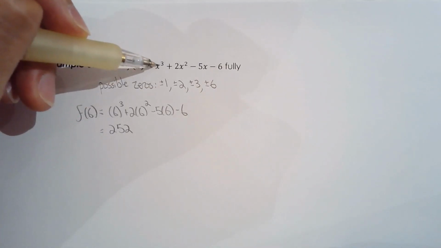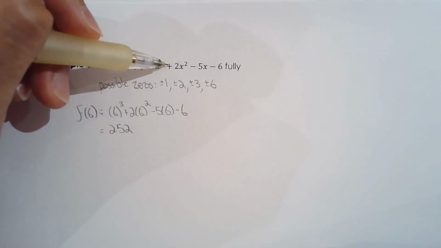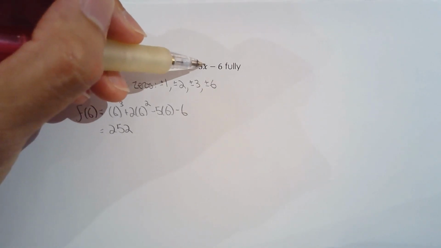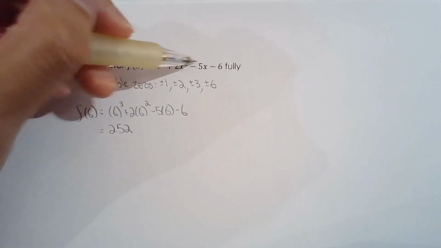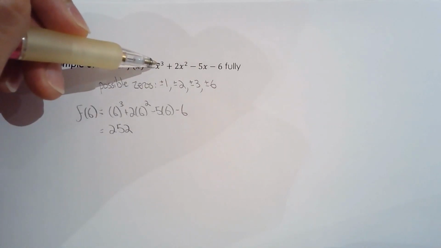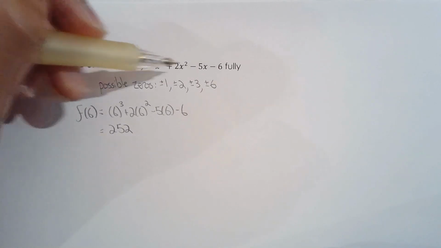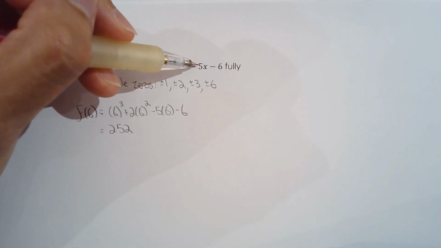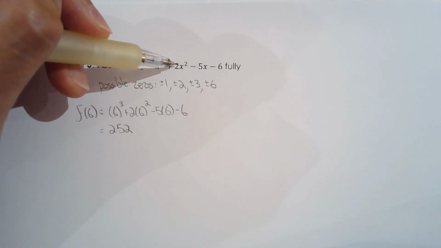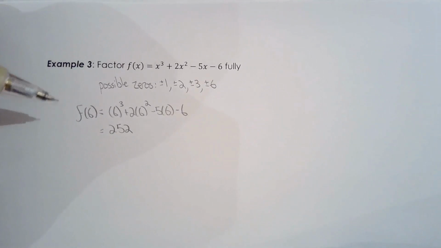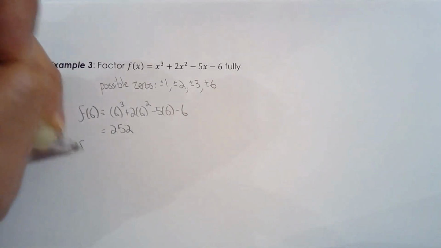Let's try 1. 1, 2 is 3, and then, yeah, 1 won't work out. So let's try negative 1. Negative 1, this will be 7 and 7. Yeah, negative 1 works out.